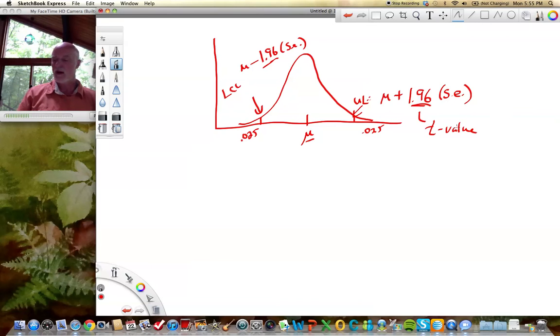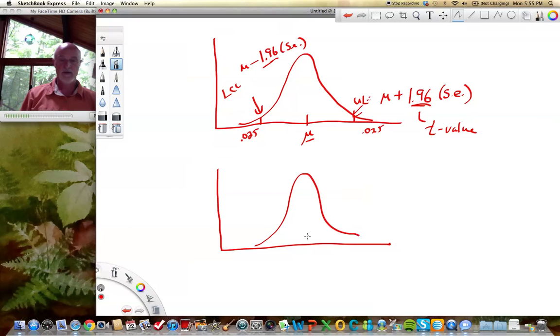And so that gives us a clue about how we're going to do this t-test for any particular y bar. So for example, let's say we have a distribution, mu, I haven't drawn that very beautifully, it should be nice and symmetrical, and we get a y bar right here. So what is the probability that we will get that y bar?